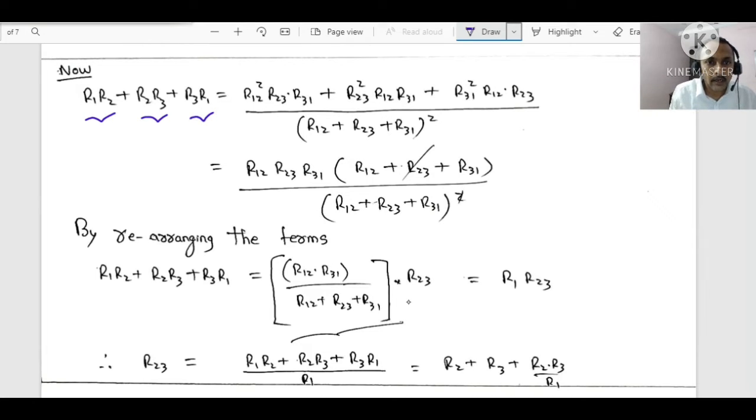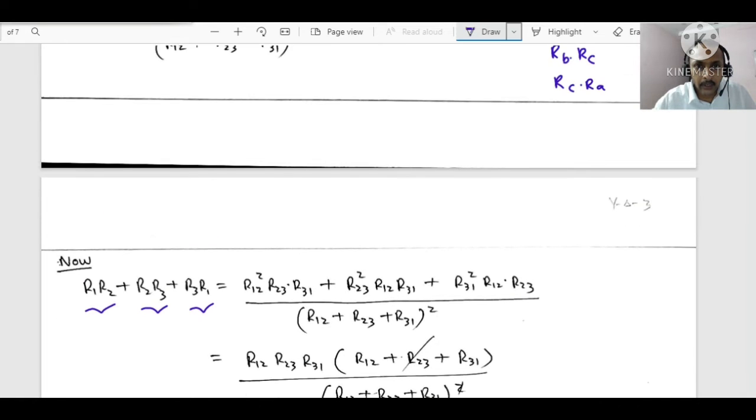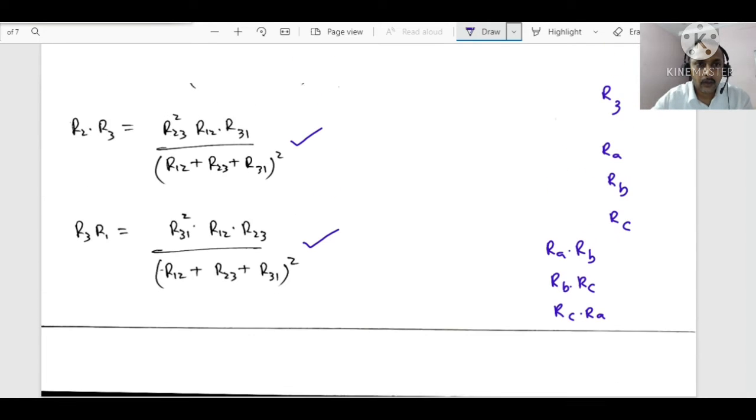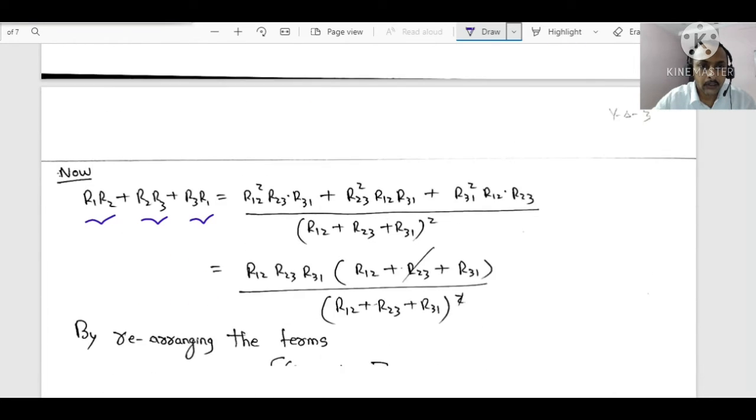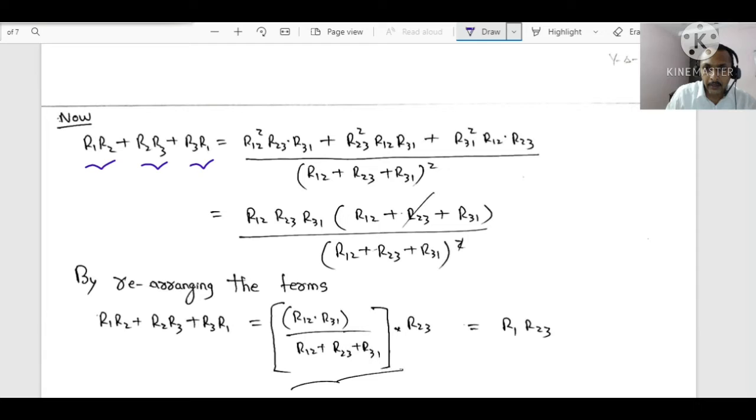You add all the three terms. Dear students, for all the three terms the denominator is the same. That means while doing this step, the denominator is R12 plus R23 plus R31 whole square, and the numerator is the first term plus the second term plus the third term. So far clear? Right.